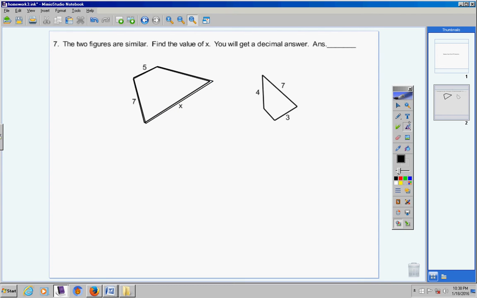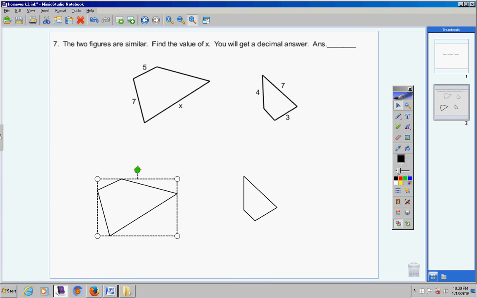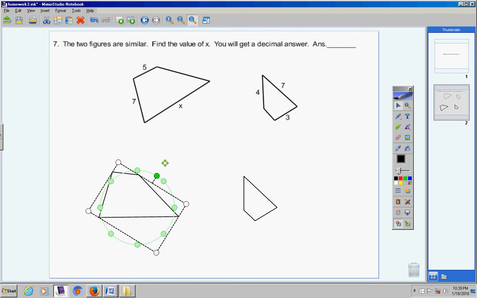Alright, there we go. Let me pull this down here. Alright, let me pull this one down here. Now, I'm going to turn these so they're facing the same way, because I tried to trace them.